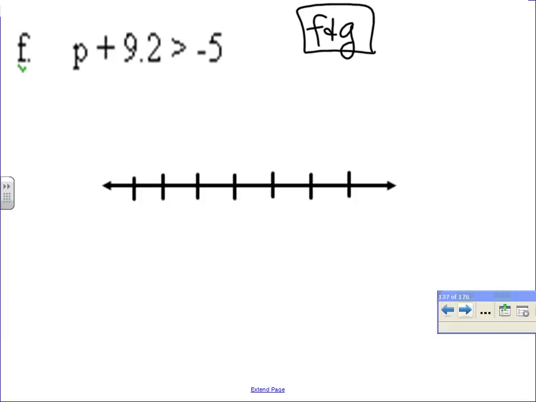So F and G. And then graph them, put your pencil down. Don't do H.